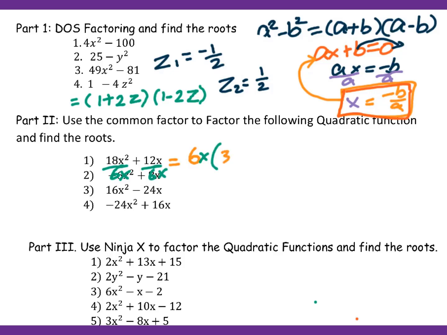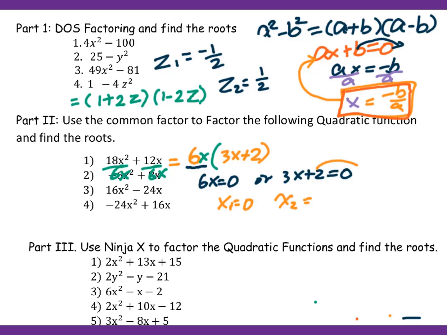You will get 3x plus 2. Then for the roots, set 6x equal to 0 or 3x plus 2 equal to 0. Therefore, x1 equals 0 because we divide by 6 on both sides. For x2, subtract 2 from both sides, that's negative 2 over 3.